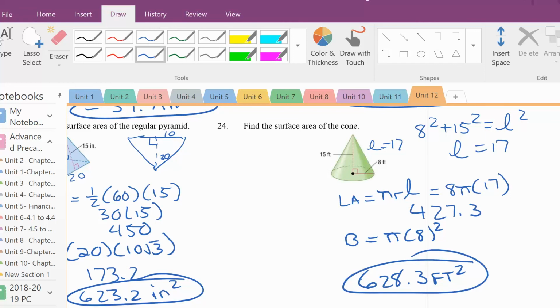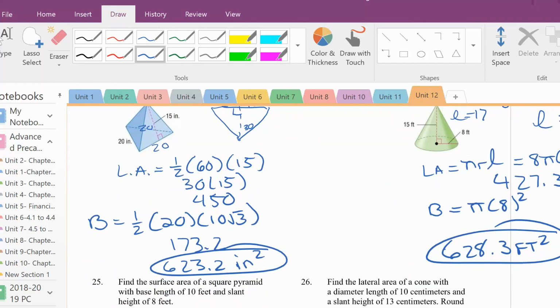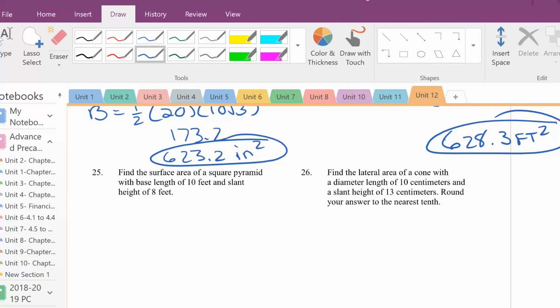All right, 25. It says find the surface area of a square pyramid with a base length of 10 and a slant height of 8. Well, remember, surface area is equal to lateral area plus the area of the base. So lateral area is 1/2 perimeter times slant height.